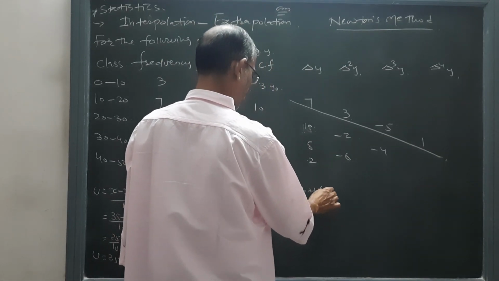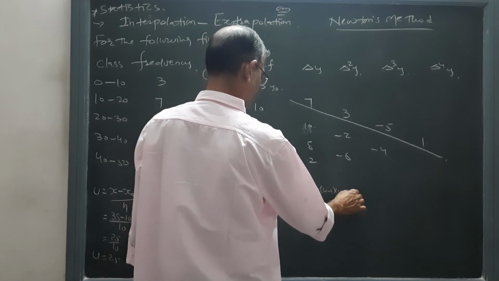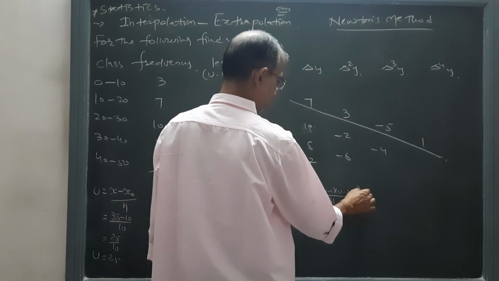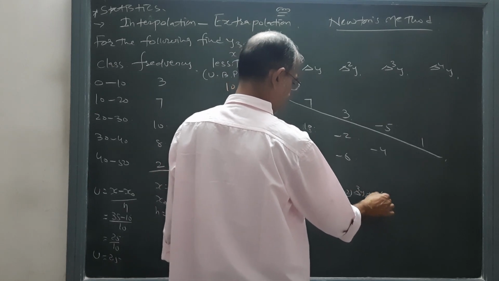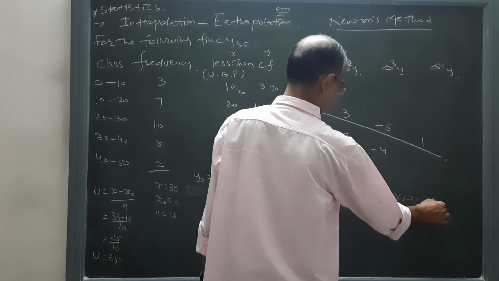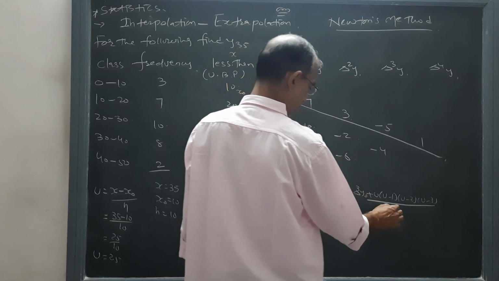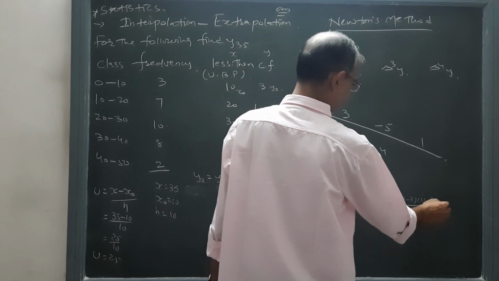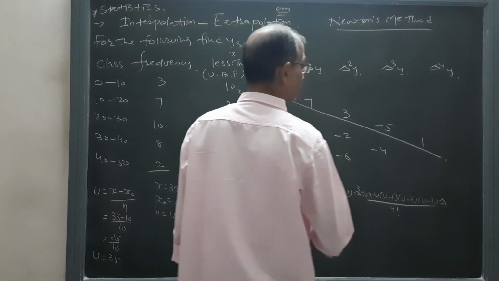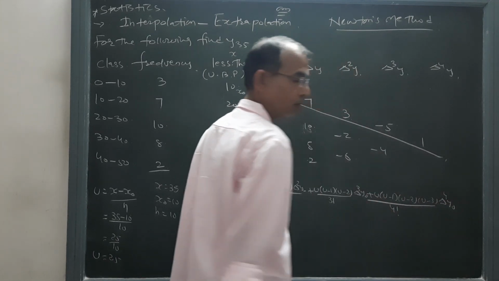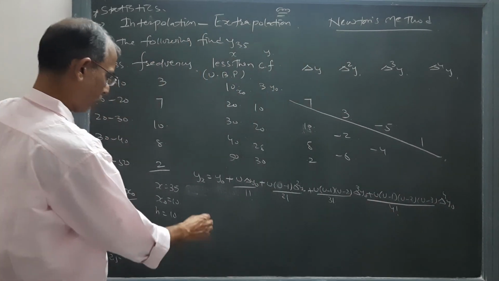Then u minus 1, u minus 2 divided by 3 factorial delta cube y0, plus u minus 1, u minus 2, u minus 3 upon 4 factorial delta raised to 4 y0.